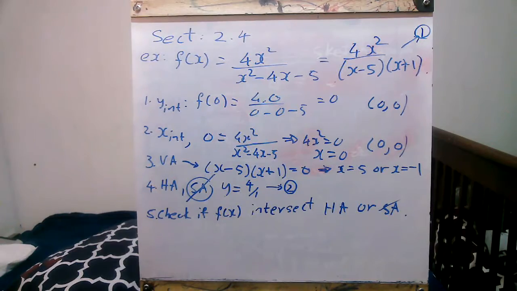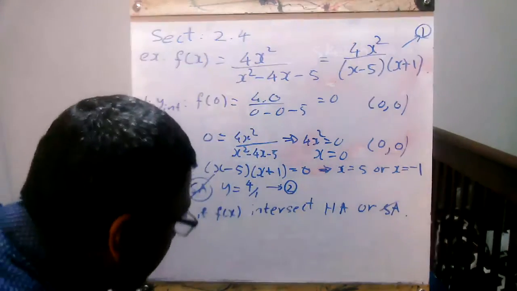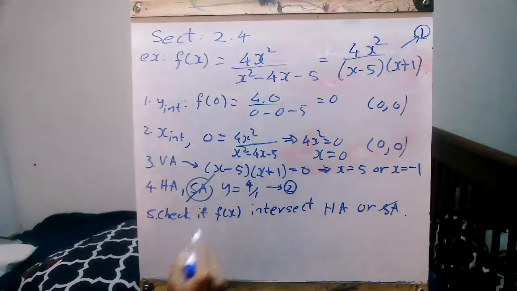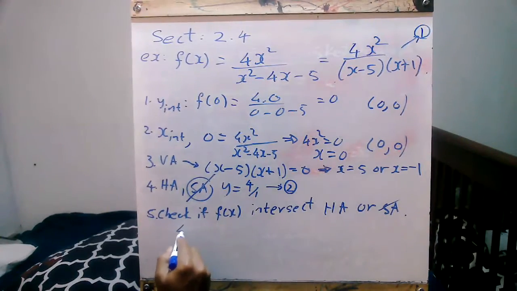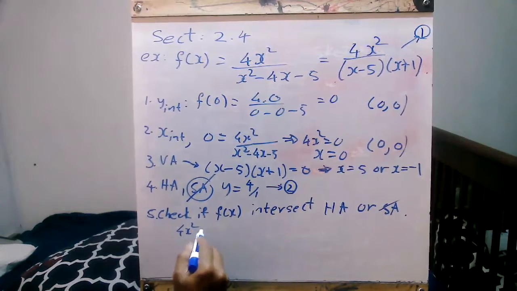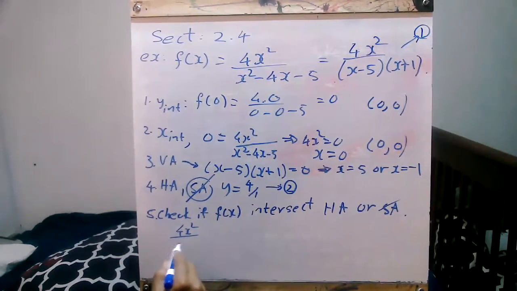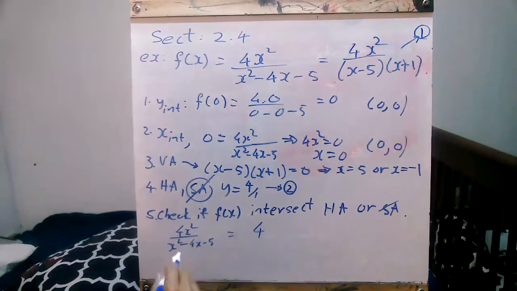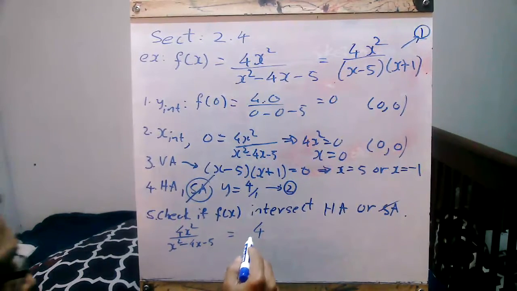Okay, let me do this. 4x squared over x squared minus 4x minus 5 should equal 4. If you divide both sides by 4, this cancels out.